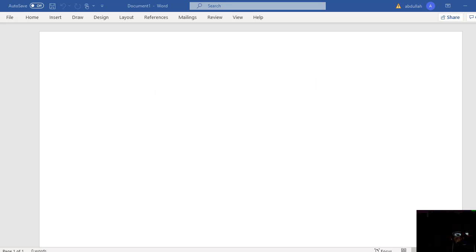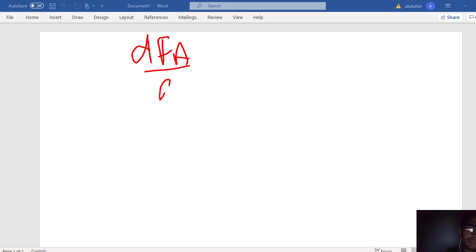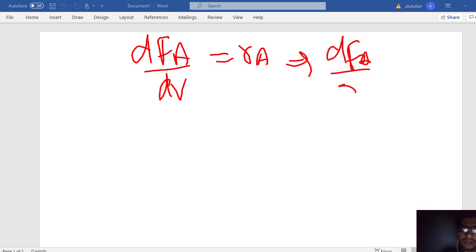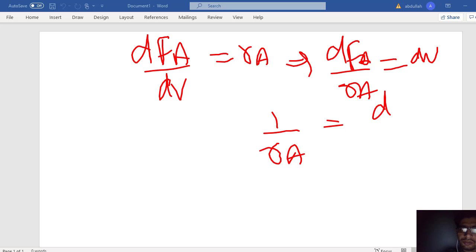Similarly for the PFR, the differential equation is dFA divided by dV is equal to Ra. It can also be written as dFA divided by Ra is equal to dV, or 1 over minus Ra is equal to dV divided by dFA.